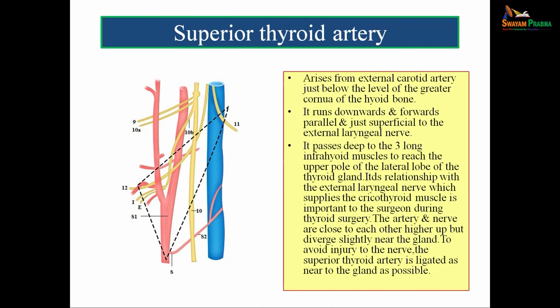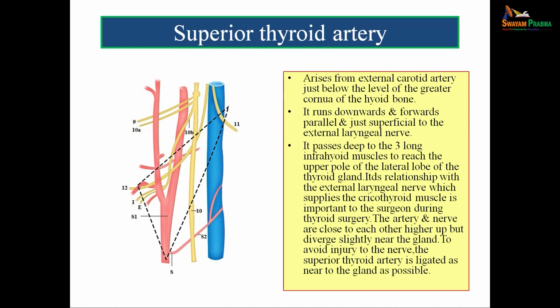It passes deep to the three long infrahyoid muscles to reach the upper pole of the lateral lobe of the thyroid gland. Its relationship with external laryngeal nerve, which supplies the cricothyroid muscle, is important to the surgeon during thyroid surgery. See, what happens is the artery and nerve are close to each other higher up but diverge slightly near the gland. To avoid injury to the nerve, the superior thyroid artery is ligated as near to the gland as possible.